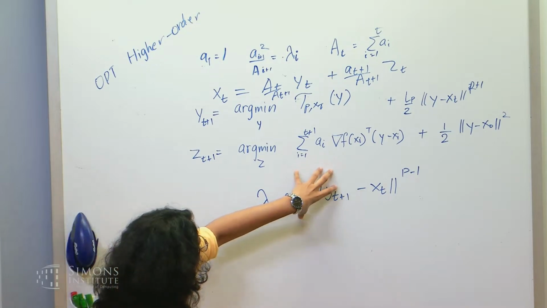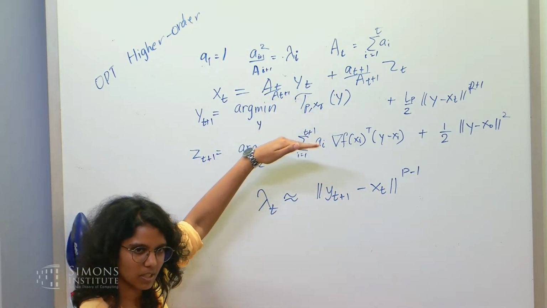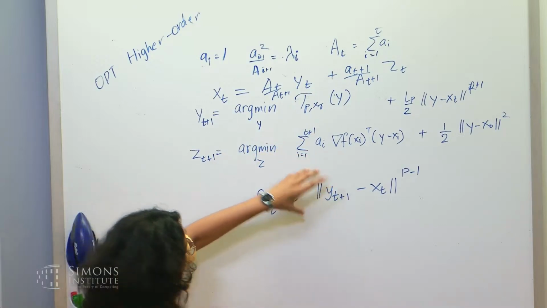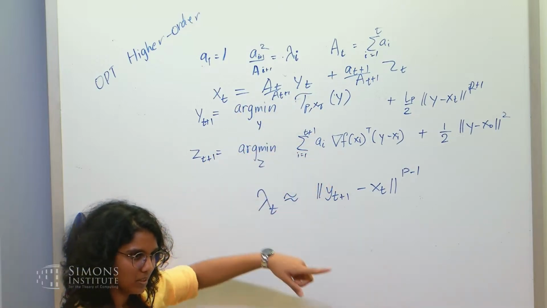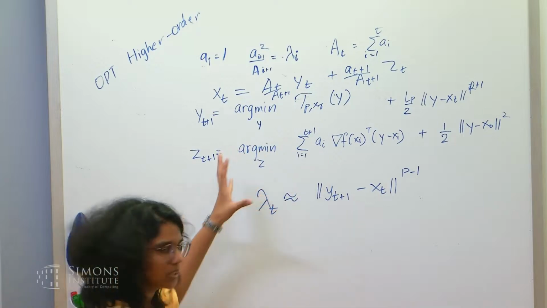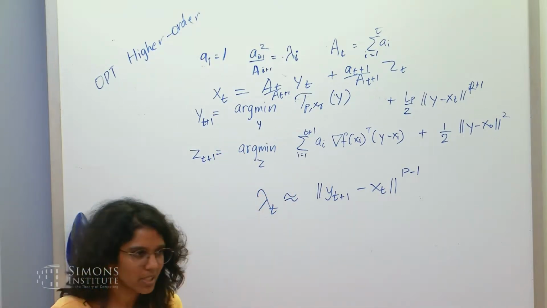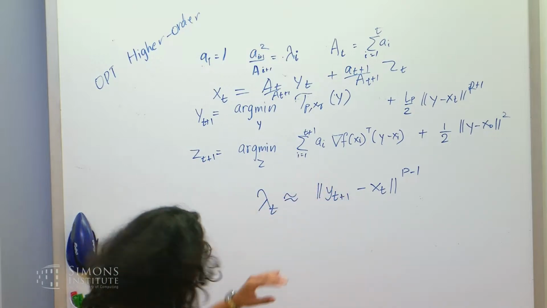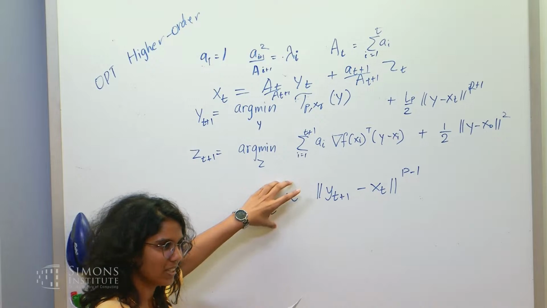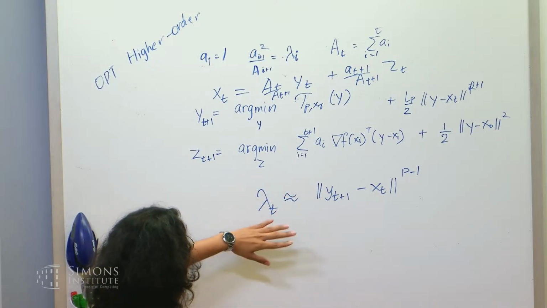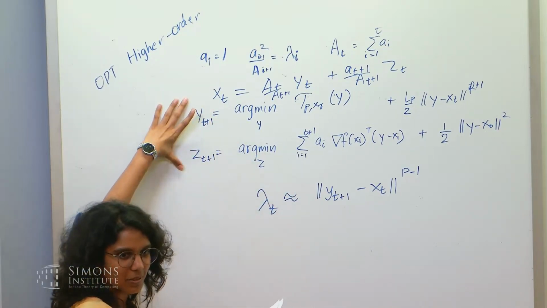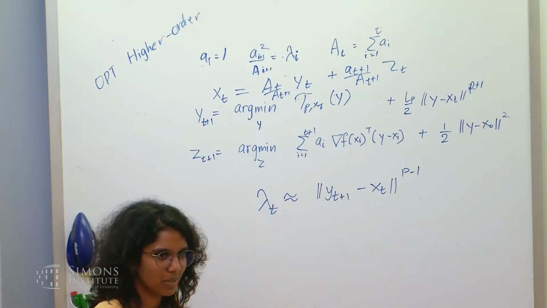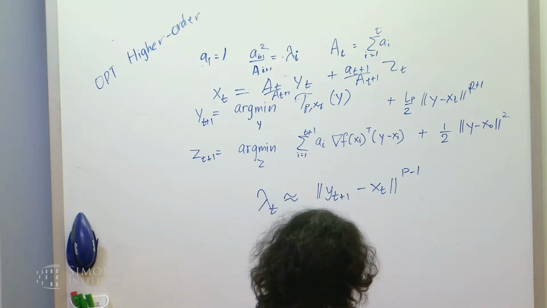If you knew what lambda t was, this algorithm is well defined and it's straightforward. But if you didn't know what lambda t was, then it's like a circular definition. So the way to get around this is you do a binary search, and we know how to do a binary search and guess a value for lambda t. Once you have this, then you run this algorithm. So for now, we'll just assume we know lambda t. So that makes a lot of these things easier.